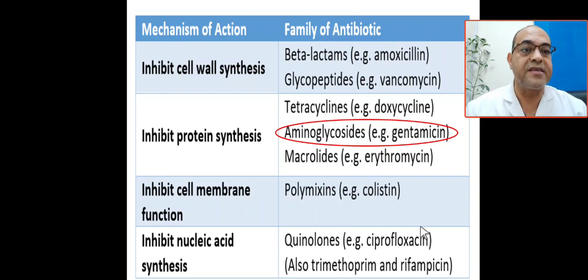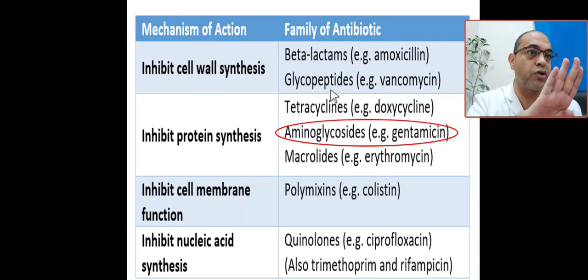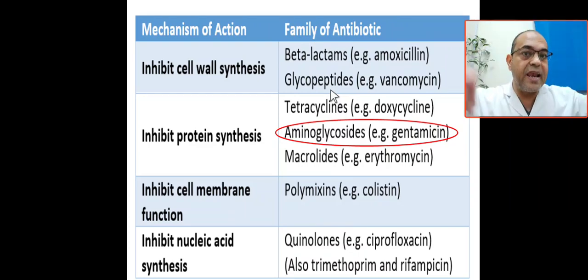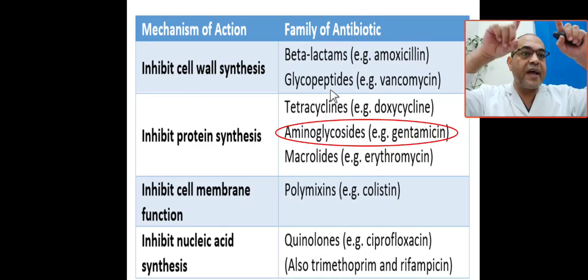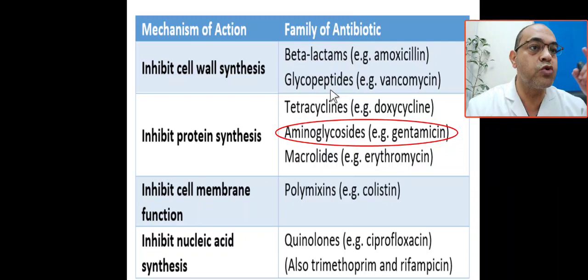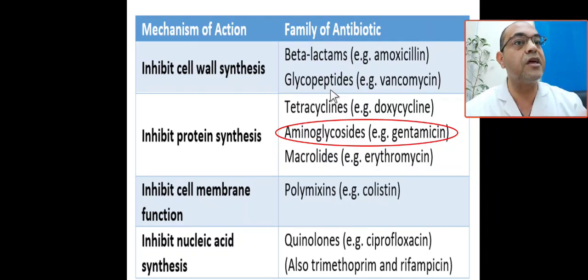So this is a good table. It will help you to memorize the mechanism of action of the antibiotics. There are 4 mechanisms of action of antibiotics: cell wall, cell membrane, nucleic acid, and last, protein synthesis in the ribosome.